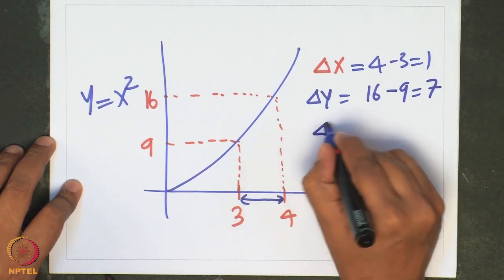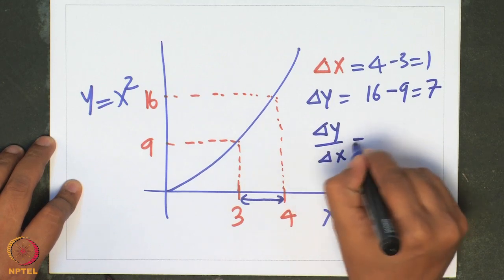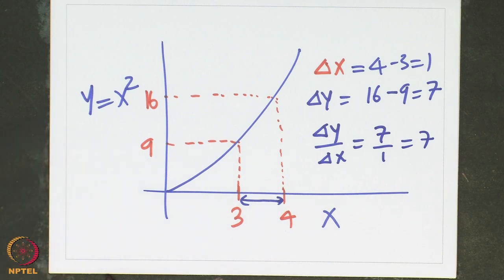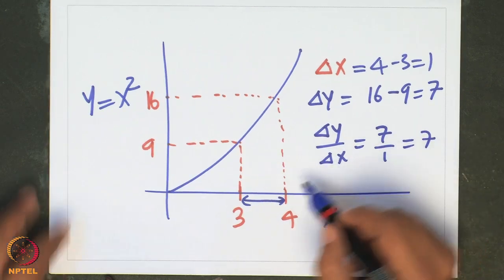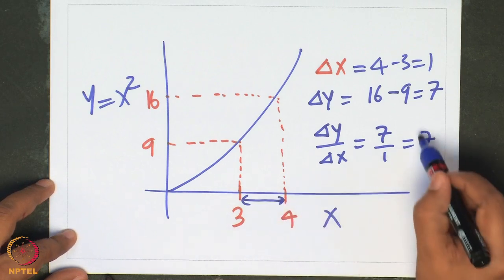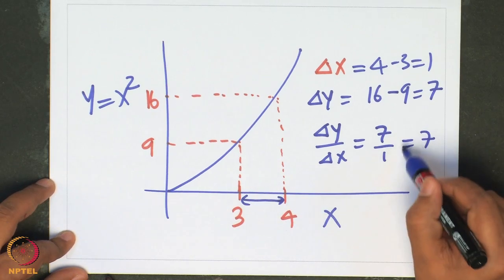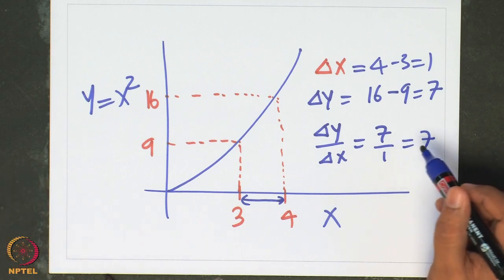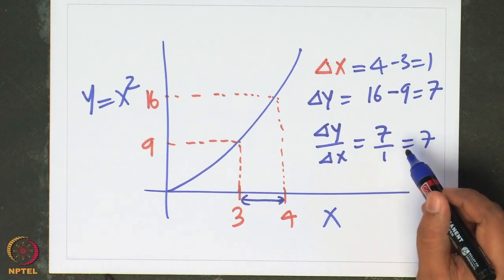Delta y by delta x is 7 divided by 1, so the answer is 7. What we see is that depending on where we calculate, between 3 and 4 we get the answer 7, whereas previously we calculated between 2 and 3.